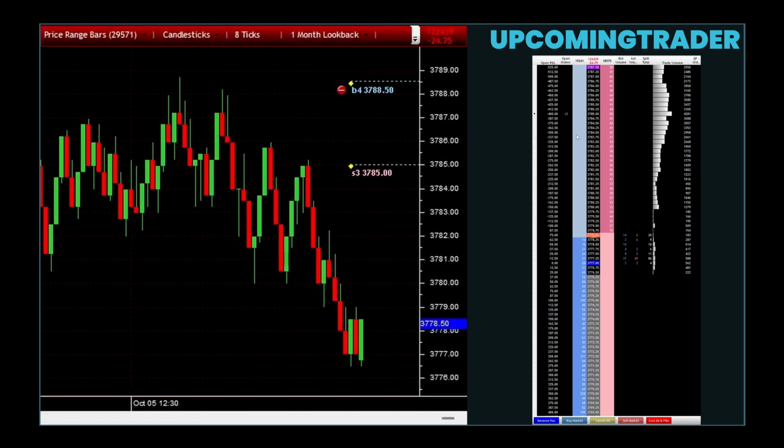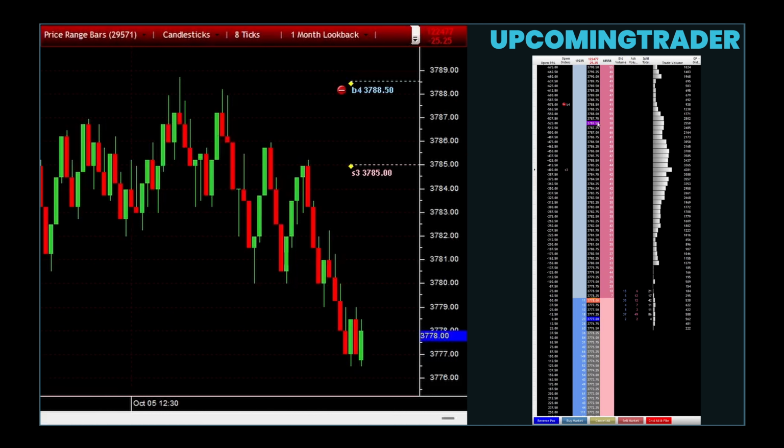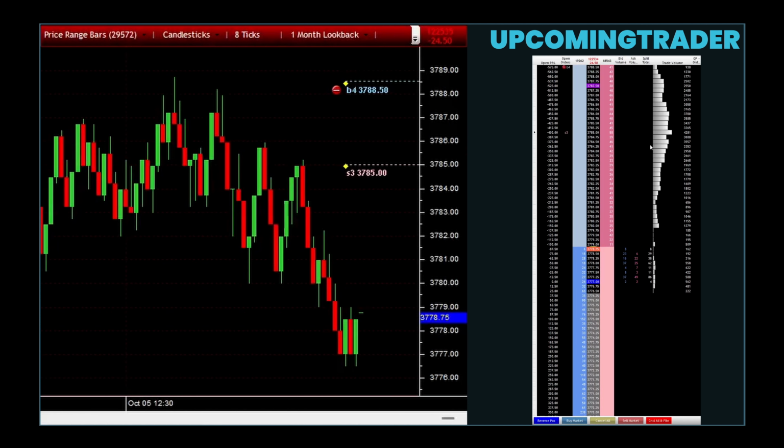Understanding the downside Tasuki Gap allows investors to anticipate potential market movements and make informed decisions based on the observed patterns. However, it is also advised to consider this pattern in conjunction with other indicators and market analysis techniques to enhance the accuracy of predictions and investment strategies.